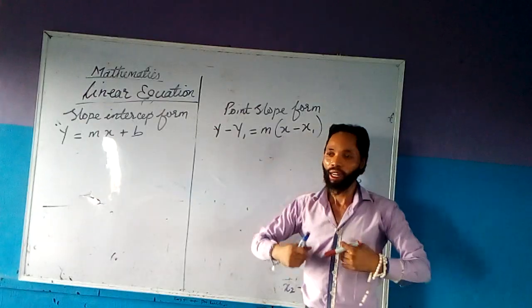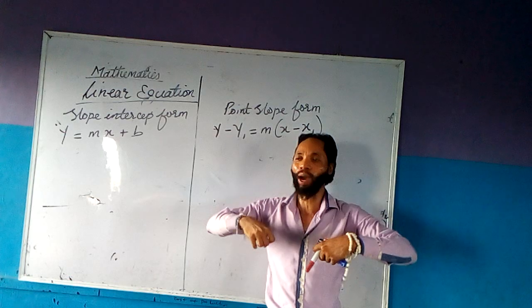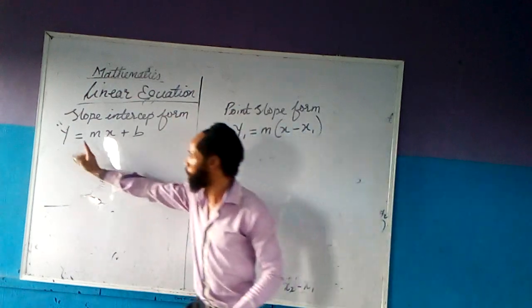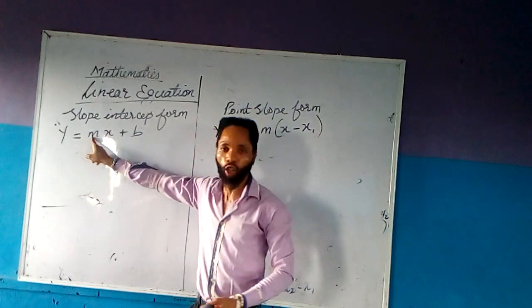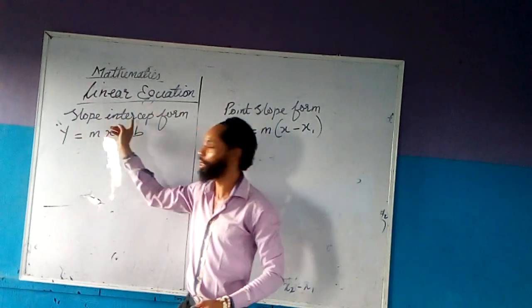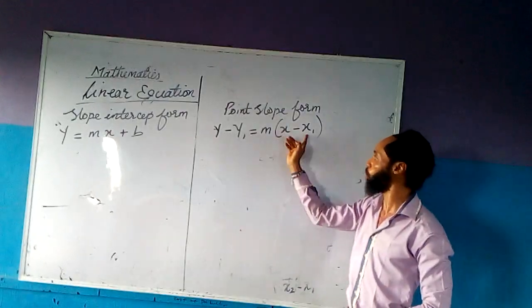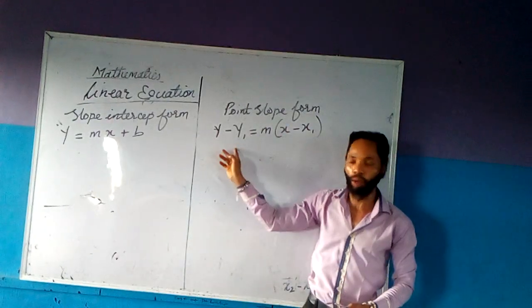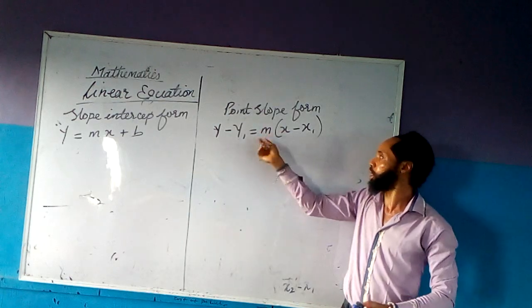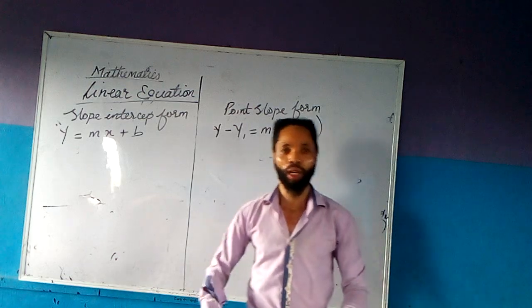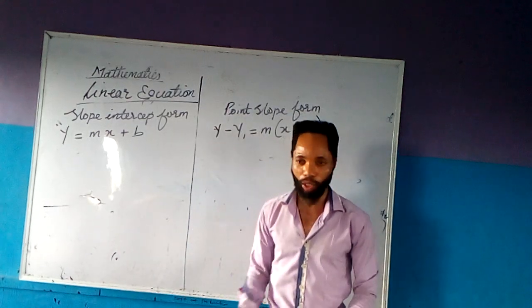So for a linear equation, take your y and your x out. What you're left with tells you the kind of expression. If you take your y and x out, you're left with slope and intercept, so we call it slope intercept form. If you're left with the point x1, y1 and your slope, it's point slope form. Either way, you can always use them to get our equation.